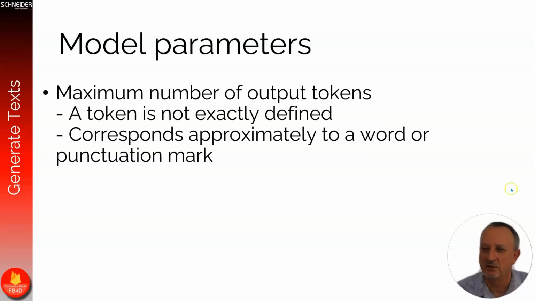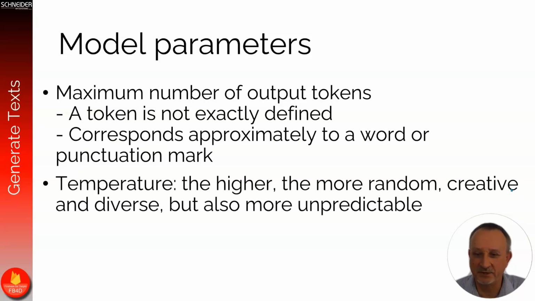This also controls the cost of the next question. What exactly is a token? Well, this is, as I know, not exactly defined, but a token corresponds approximately to a word or a punctuation mark. The next parameter is the temperature of the generated text.